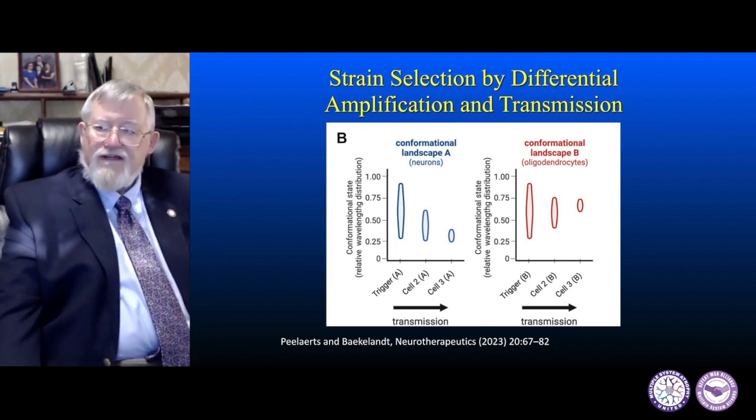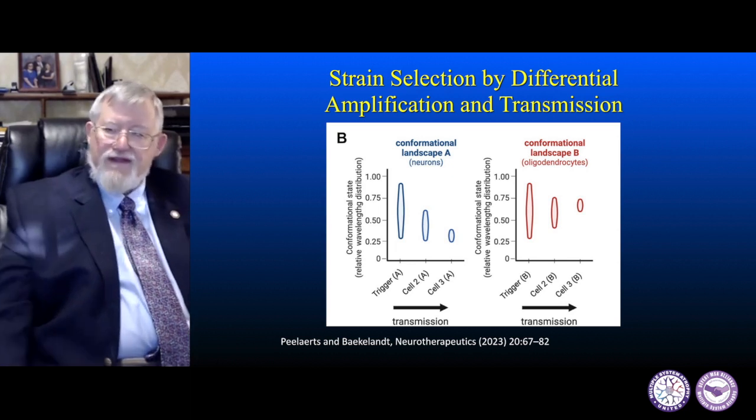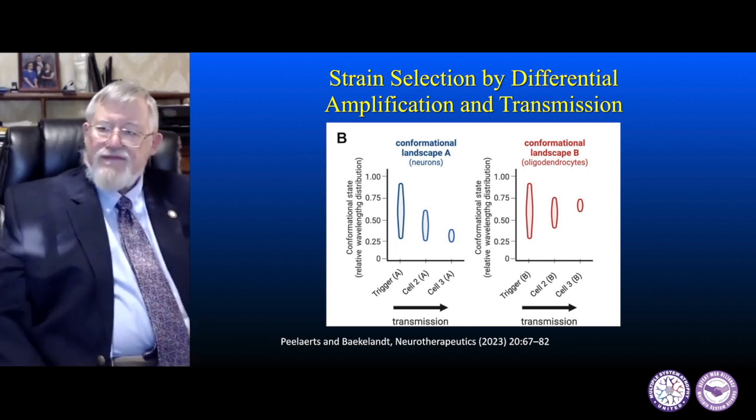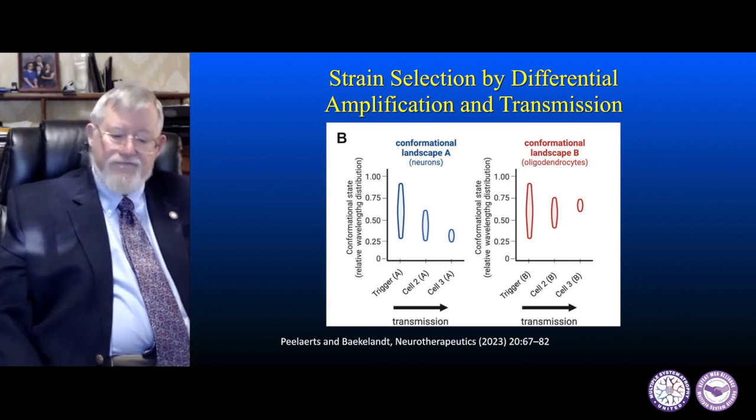And again, as we saw in the previous slide, you can go to cell A or you can go to cell B, and get different fluorescence according to how those aggregates are folded.